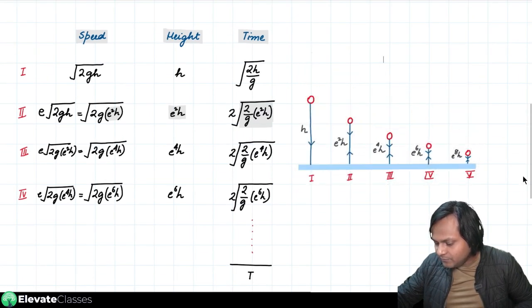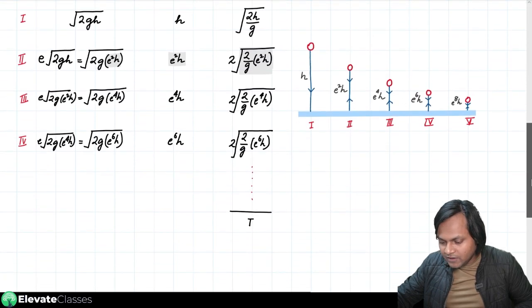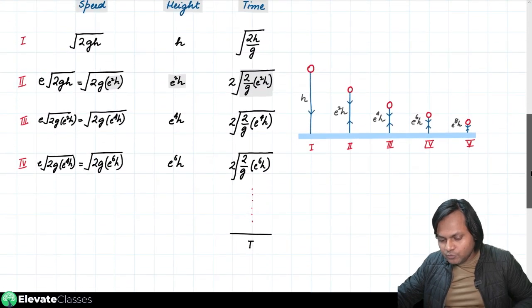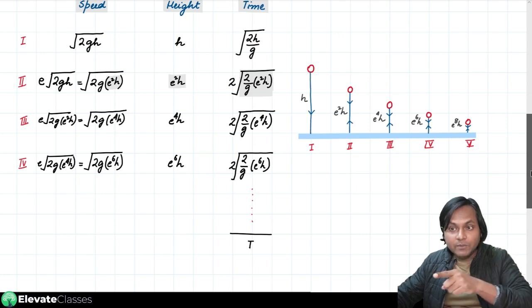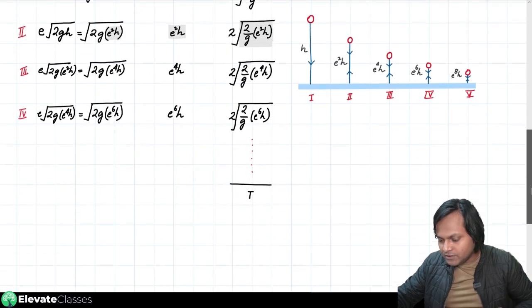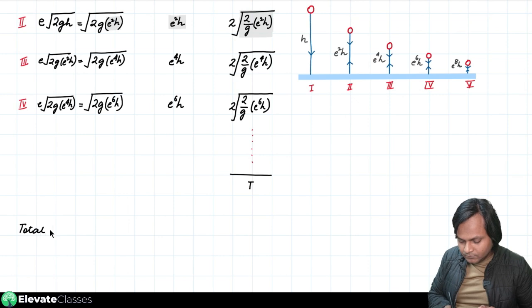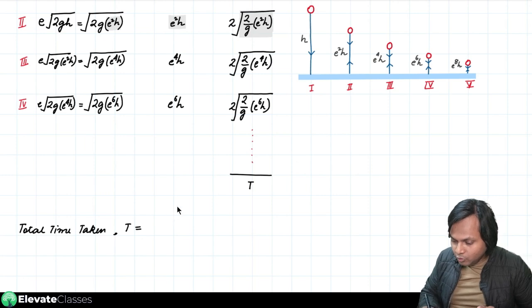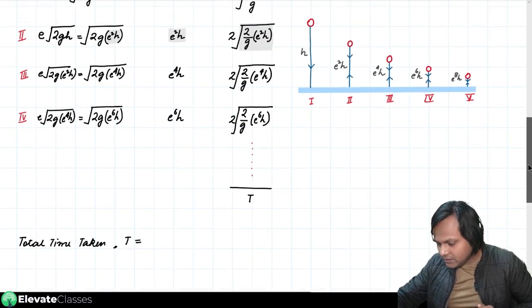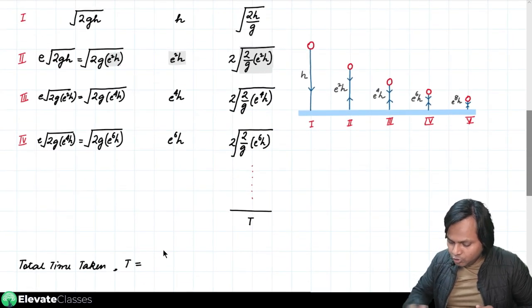We have already done the difficult part of this problem, which is basically building this kind of a table, looking at all the physical quantities for each bounce and adding up a particular quantity, which is time in this problem. So if I add up all the time periods, the total time taken, capital T, is simply equal to the first, for number 1, I have root over 2h upon g.